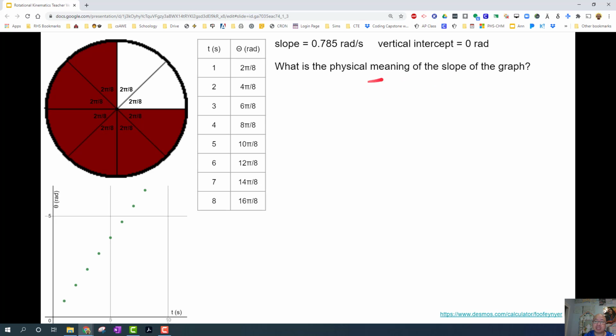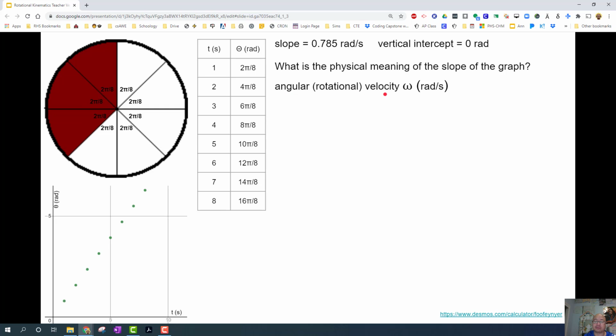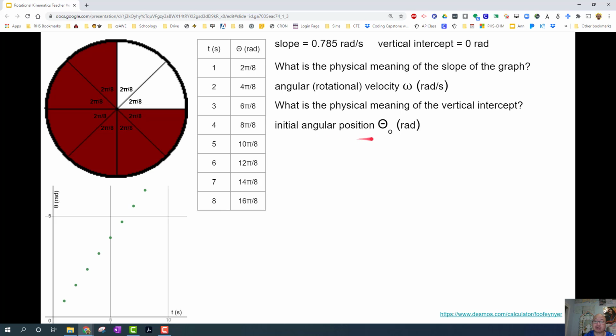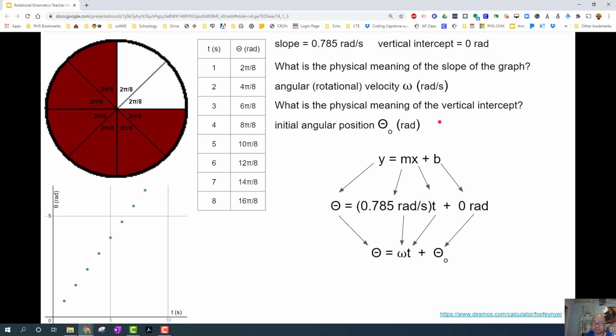The physical meaning of the slope in this case is what we call the angular or rotational velocity. We use lowercase omega as a symbol for that, and the units are radians per second. The physical meaning of the vertical intercept is the initial angular position. In this case, it's 0, and again, angle is measured in radians.